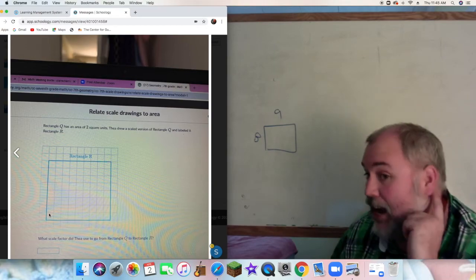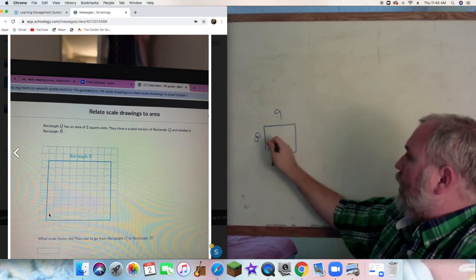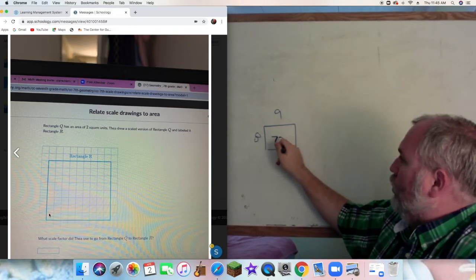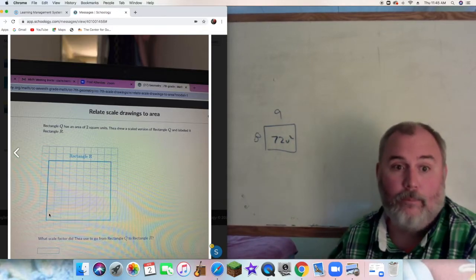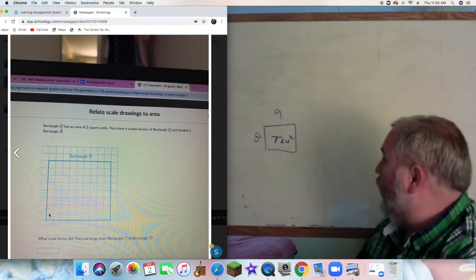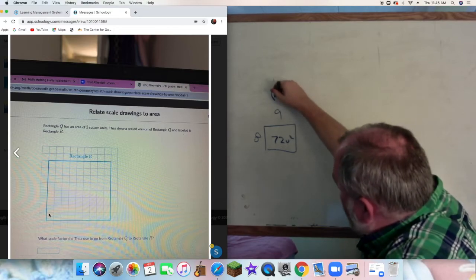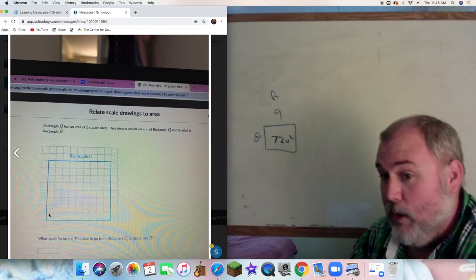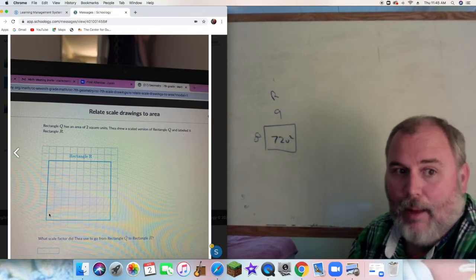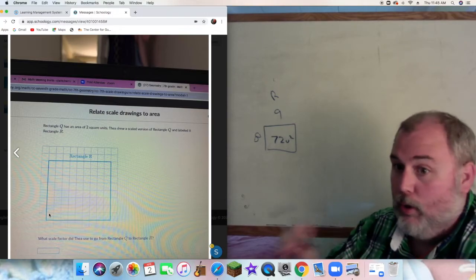So 9 by 8 gives me 72 square units. So we know that R is 72 square units, but I'm going from Q to R.